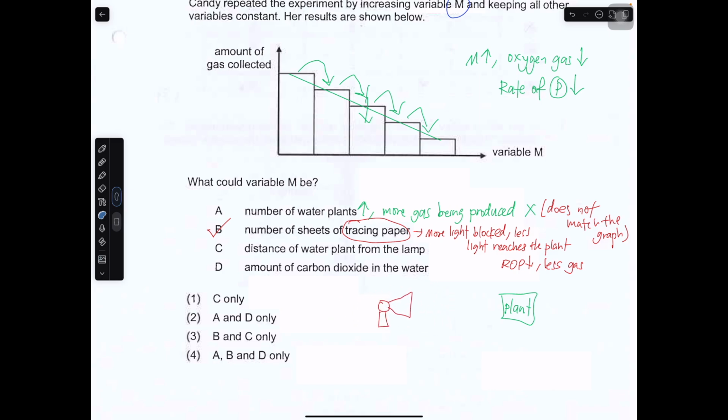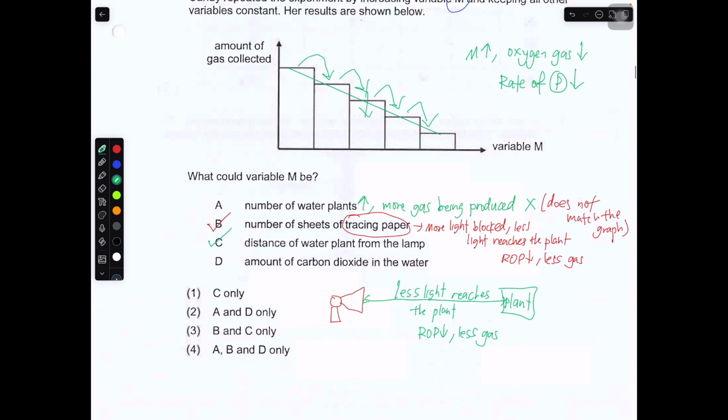So if you increase the distance as compared to just now, there will be less light reaching the plant because the light source is further away. So same thing, ROP decreases, less gas. Correct. So B and C fit into this scenario.